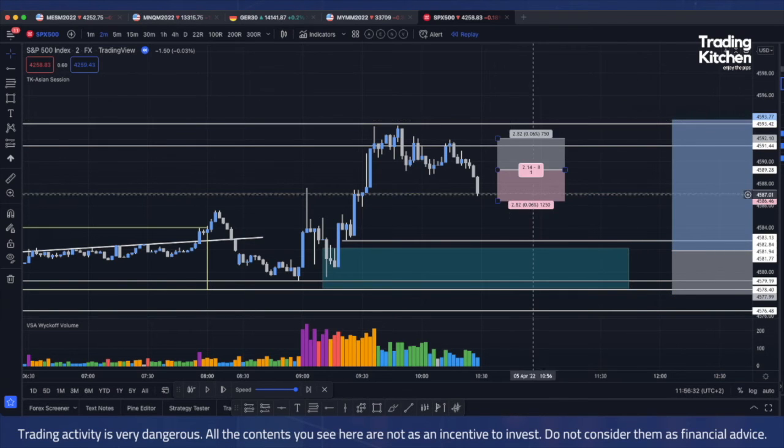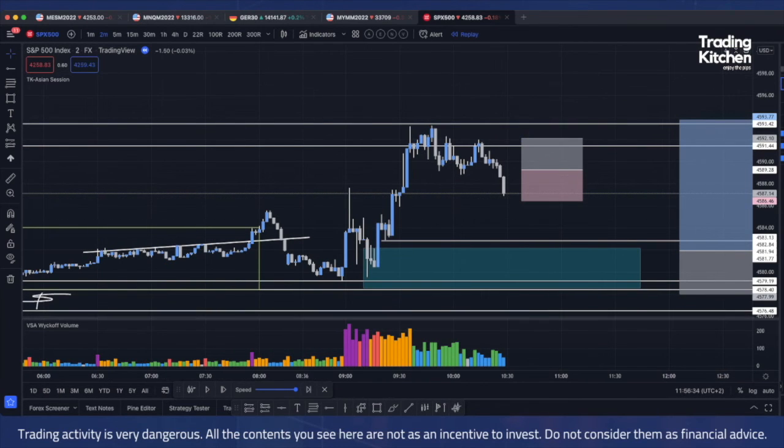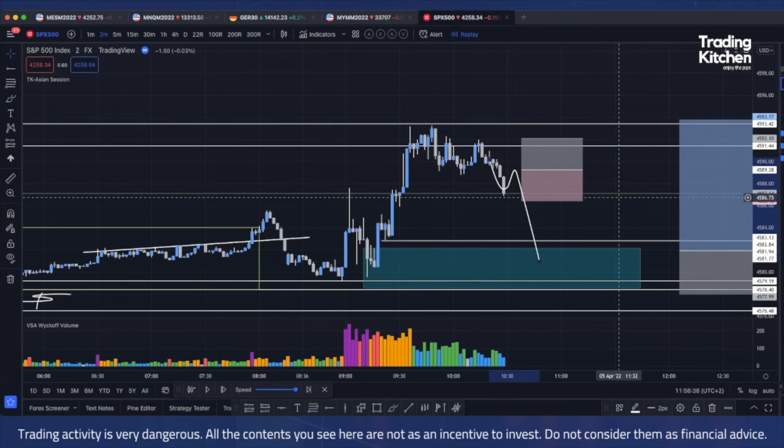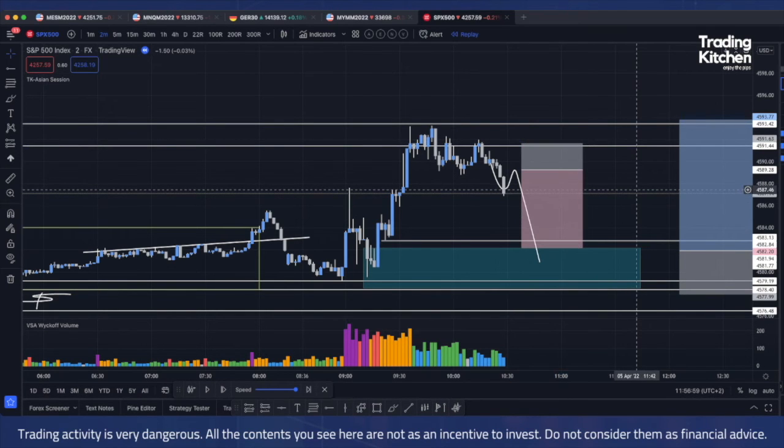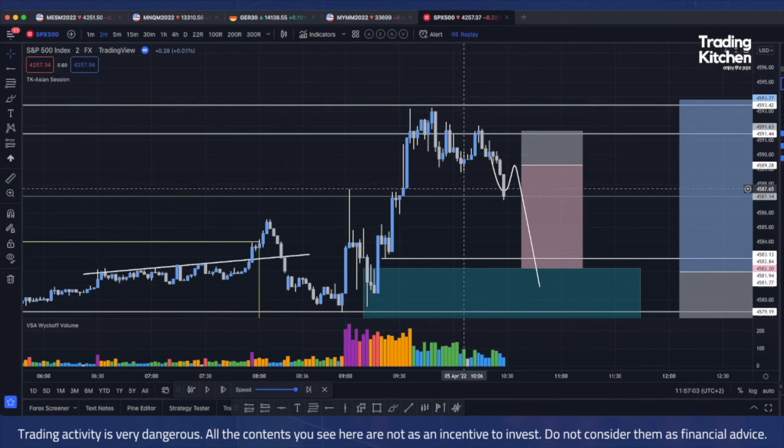But now we are here, and we just wait for price to retest the zone to go short. Obviously, if I suppose the price will go in here, this target is going to be my target for the short. So I must set my risk reward at 1 to 3. Let's see what's happened.